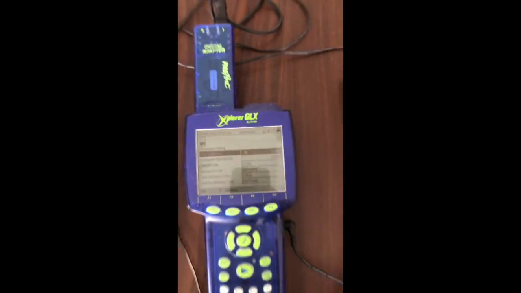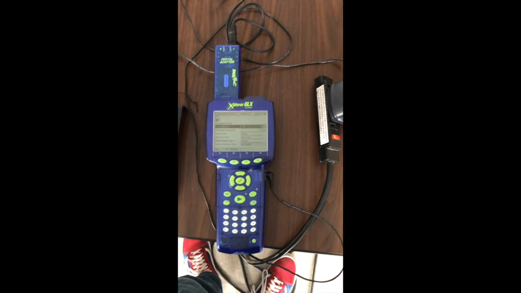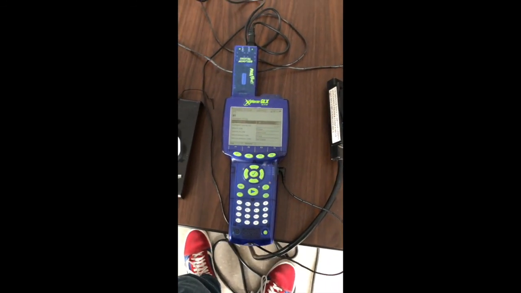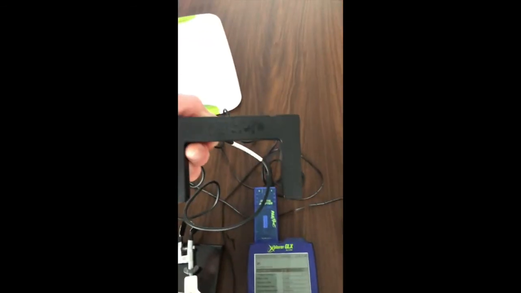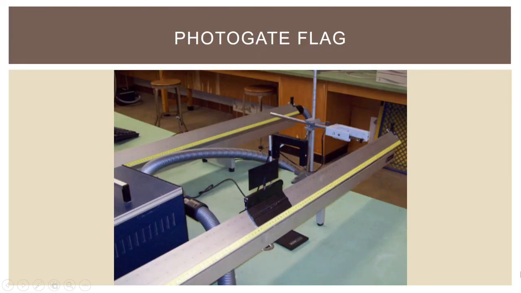If you remember, I showed you when we first talked about the Photogate, I showed you a picture of a cart with what was called a picket fence on it, which is basically like a piece of plastic with these black stripes on it. And when the black stripes pass through the Photogate, they block the beam. It's also this thing. Since that whole thing is black, when that passes through the Photogate, the whole thing blocks the beam.